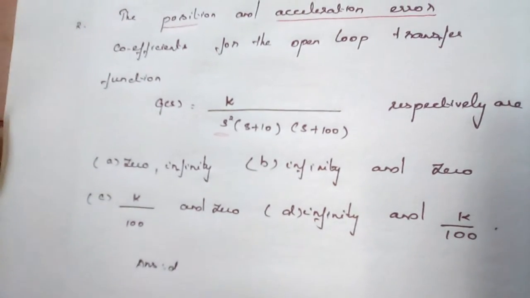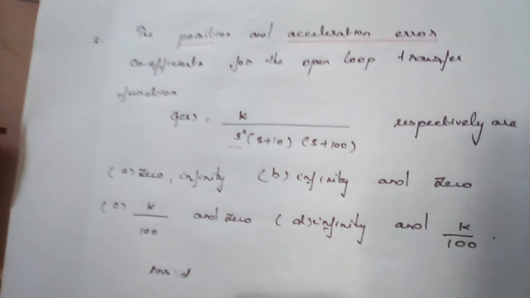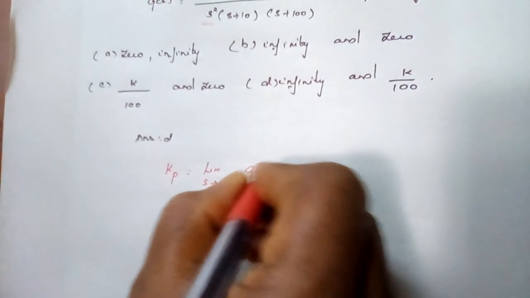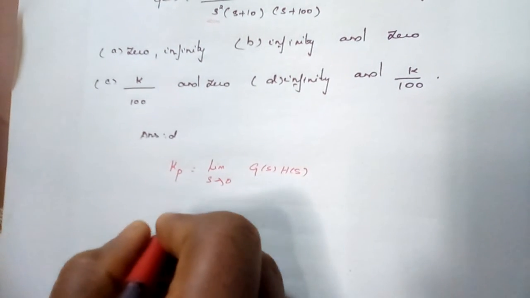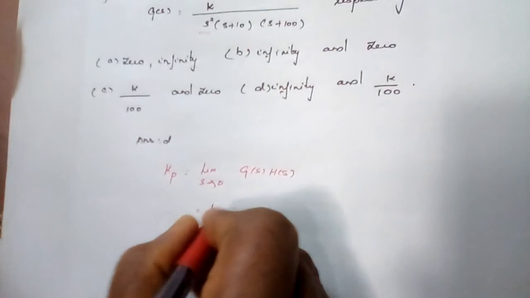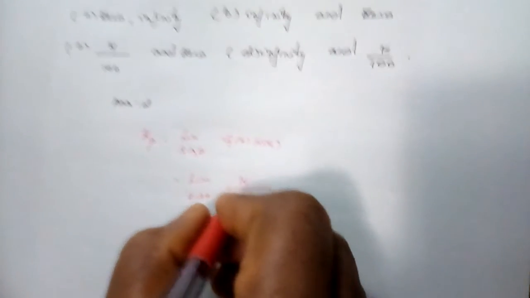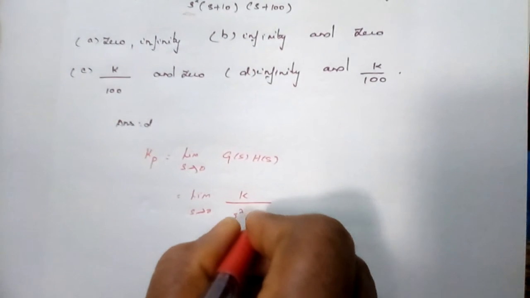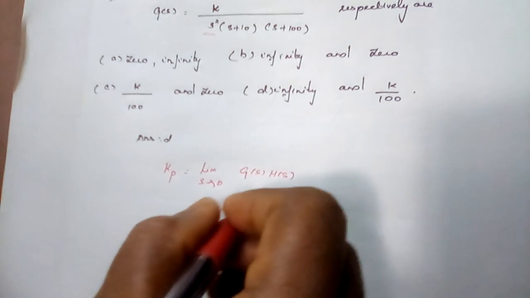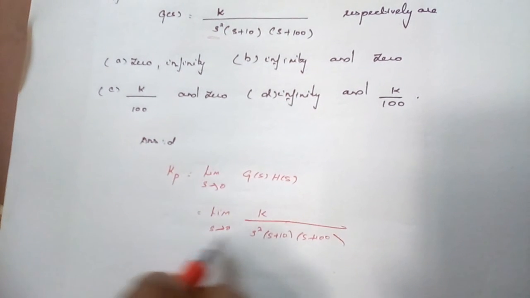Why? Because we are also able to find out the Kp and Kv values. Kp is equal to limit s tends to 0, G(s)H(s). This is the formula to find out the Kp, right? And if I substitute limit s tends to 0, K divided by s square into s plus 10 into s plus 100, if this is my G(s) and consider H(s) is unity, I substitute s as 0 here.